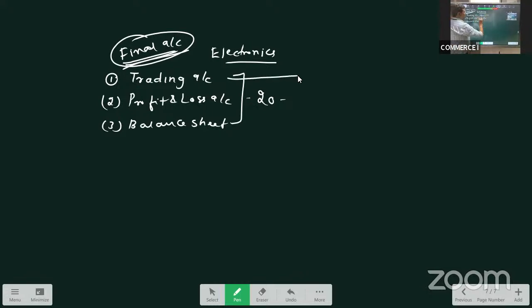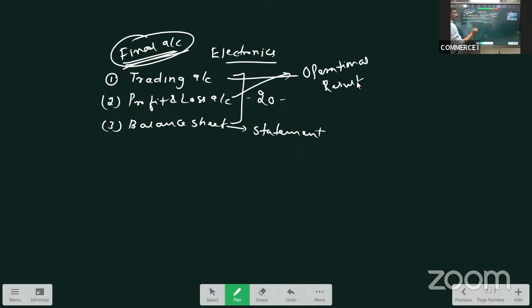Here, these 2 are ledger accounts, and this is a statement. Balance sheet is a statement. Trading and profit and loss account are ledger accounts. We prepare these to know our operational results.